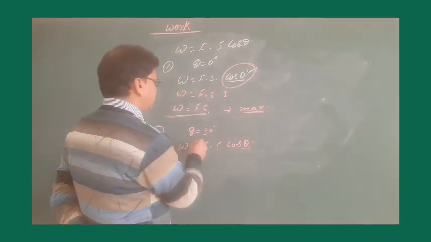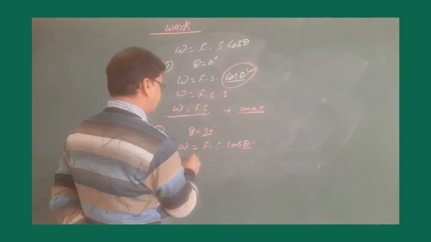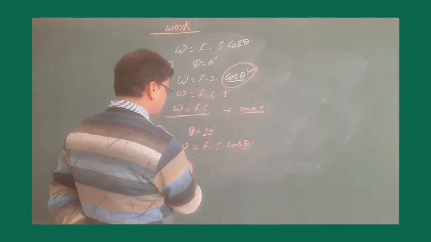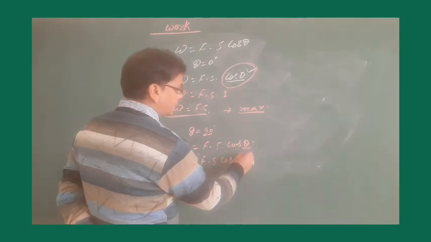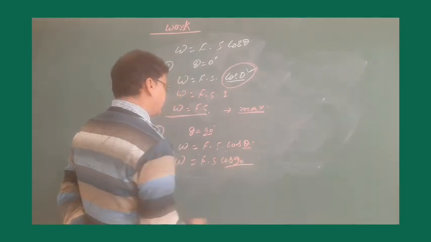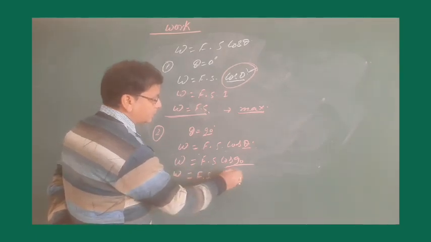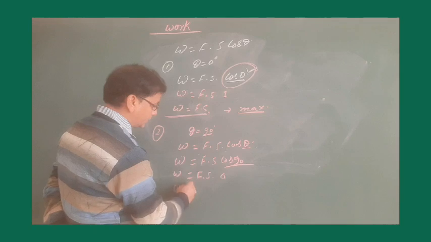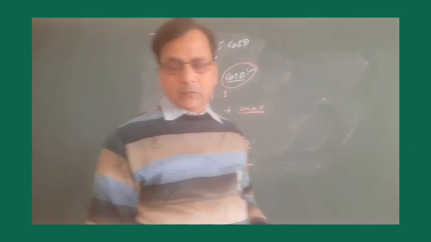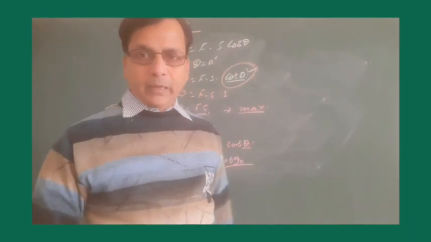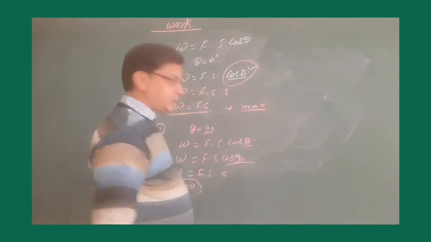Put the value of 90 degree, then W equal to F into S cos 90. Then the value of cos 90 equal to 0, then W equal to F into S into 0. Then work done equal to 0. Means work done is minimum when the angle between force and displacement is 90 degree, then work done is 0.